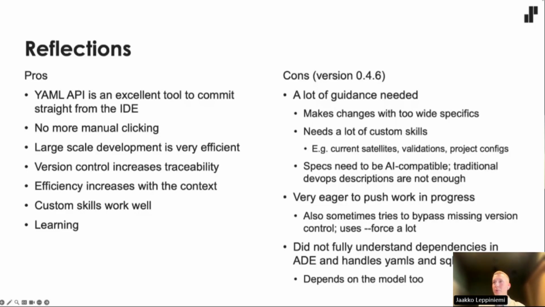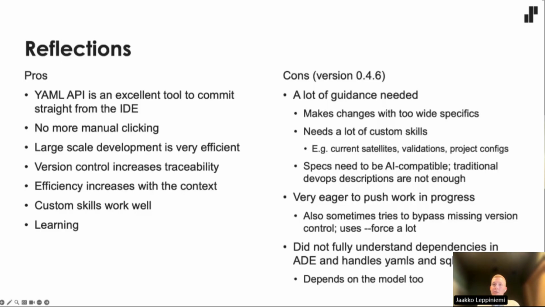So, for example, it tries to push work in progress or bypass missing version control, and you might have noticed, but it suggests using force. So there's this guardrail of version control. Oh well, you don't need to use it. Let's just push by force, which is not the best practice.